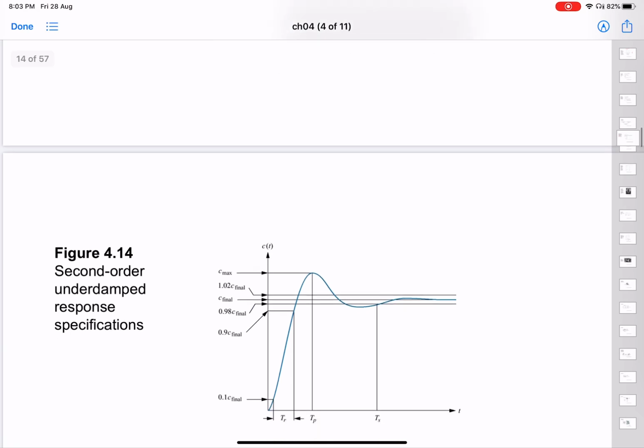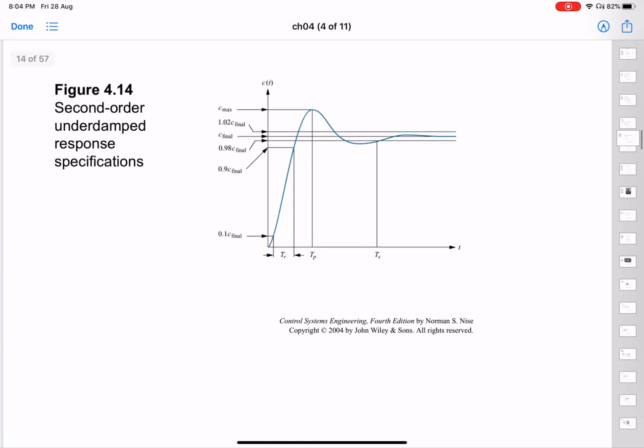So now let us take this standard second order response and try to define certain things dependent on the response. And please remember that we are taking the second order underdamped response because it is the richest response. It is exhibiting many characteristics, right?